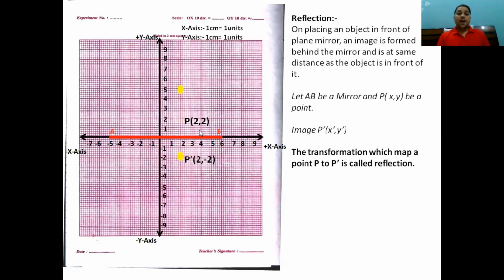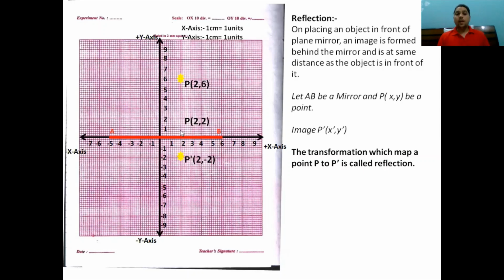Similarly, if I change the object to this location, it has coordinates (2, 6). X does not change, but we change the y here. So 1, 2, 3, 4, 5 and 6.